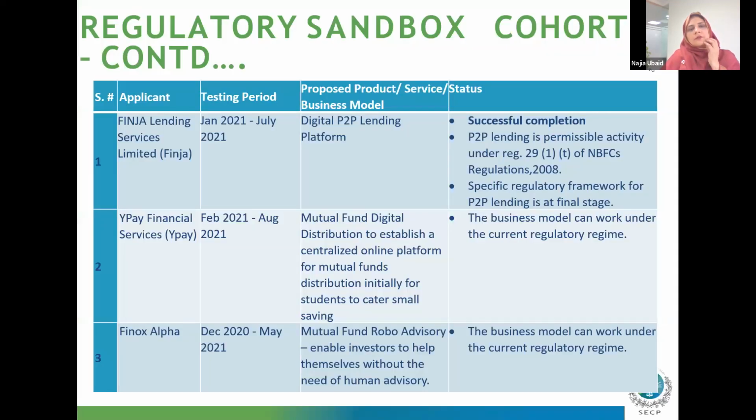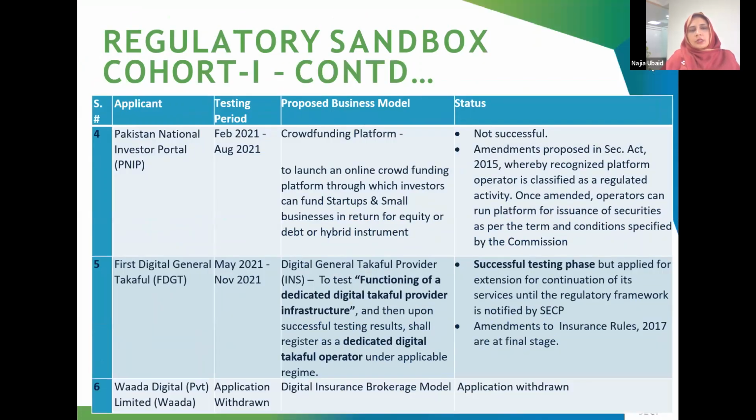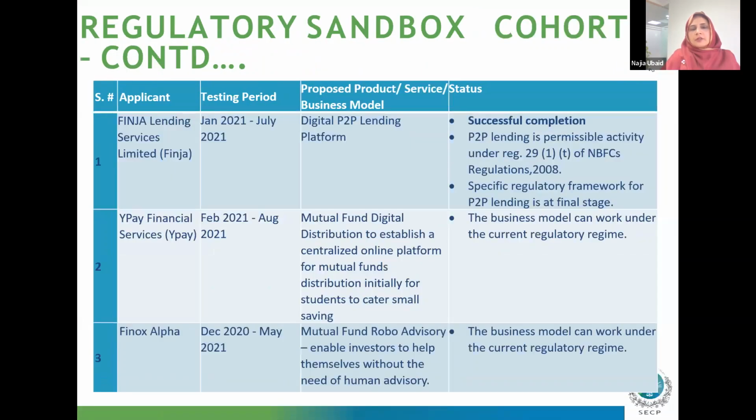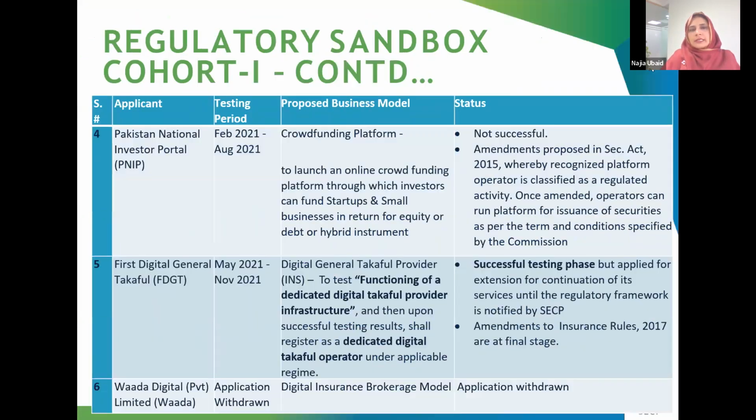The applicants were Finja, YPay Financial Services, Phoenix Alpha, Pakistan National Investor Portal, First Digital Takaful, and WADA Digital Private Limited. The basic business models were P2P lending, mutual fund digital distribution, robo-advisory, equity crowdfunding, digital general Takaful insurance provider, and digital insurance brokerage model.